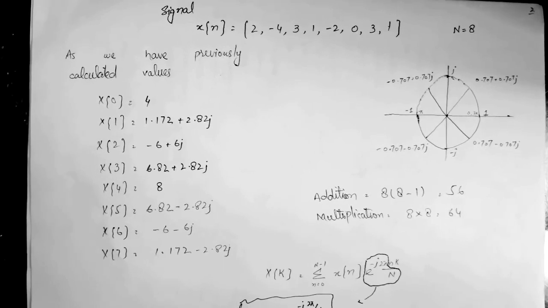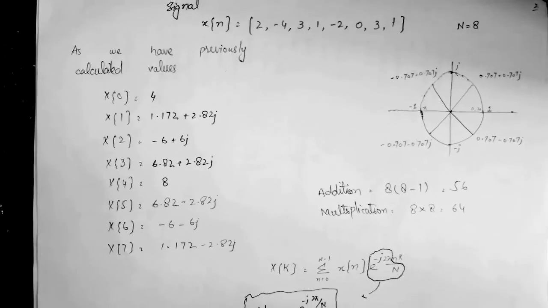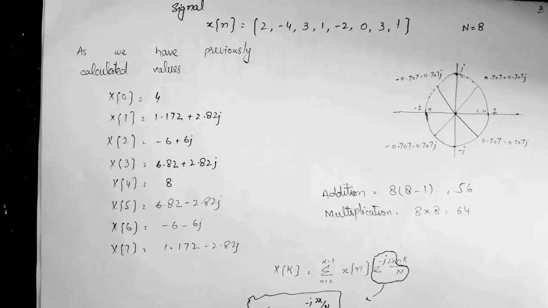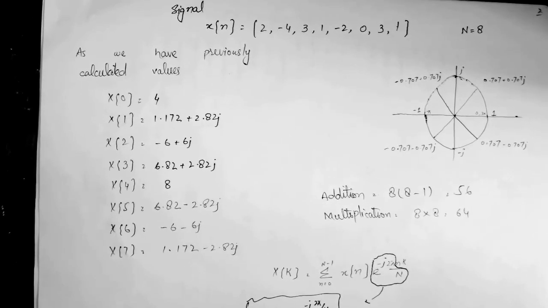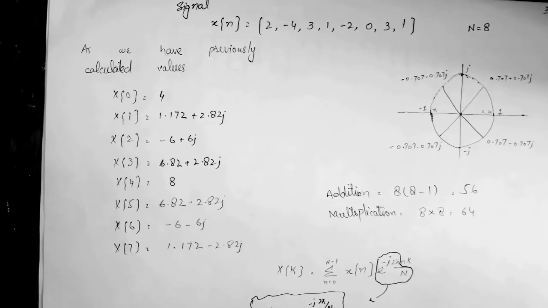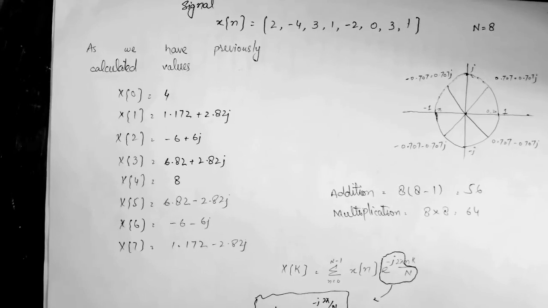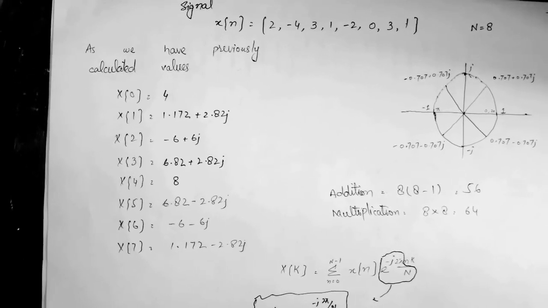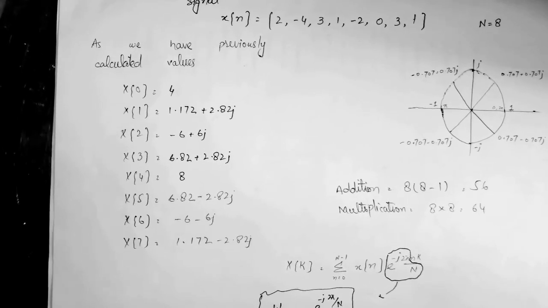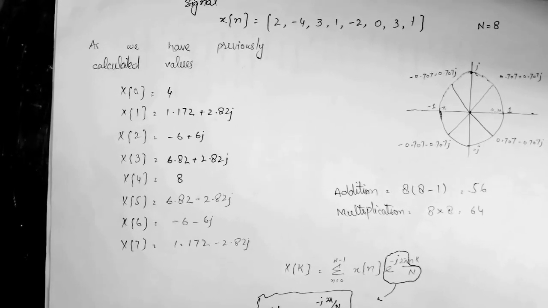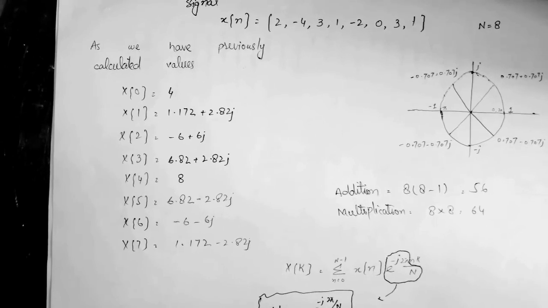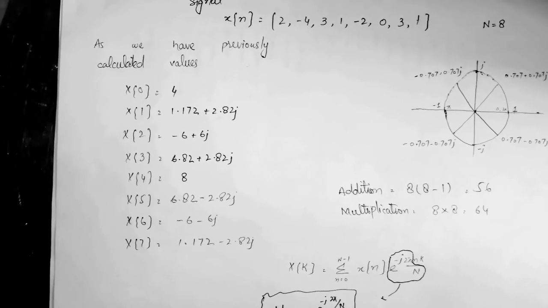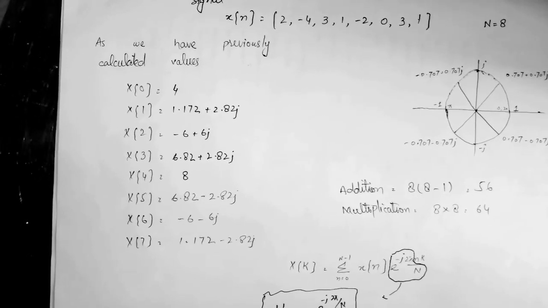Let's take the same example from the previous lecture. We have a signal x of n is equal to 2, minus 4, 3, 1, minus 2, 0, 3 and 1. Here we have N is equal to 8. As we previously calculated the values which are listed here, now we will calculate the same values by fast Fourier transform.